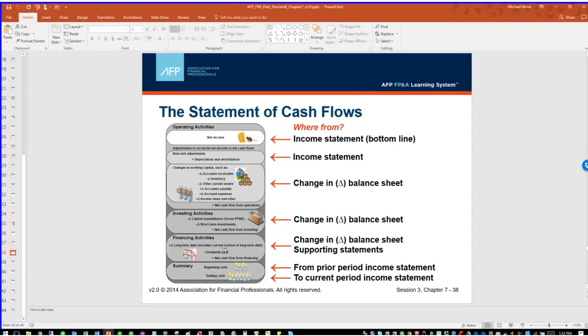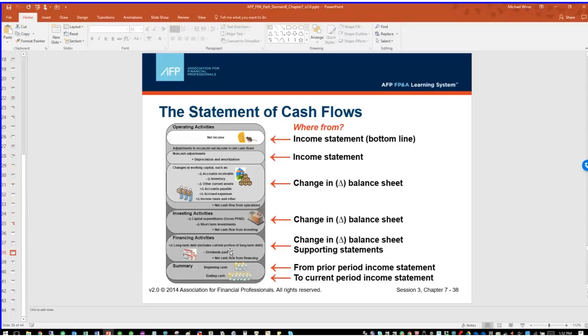Also, this includes the current portion of long-term debt, which also messes people up. On the balance sheet, there is a portion of long-term debt that goes into the current liability section. It's the portion that is due to be paid back during the operating cycle.